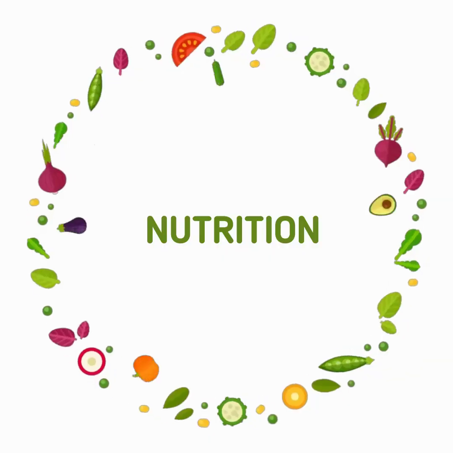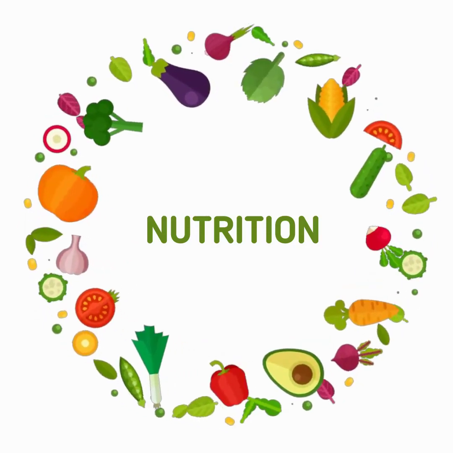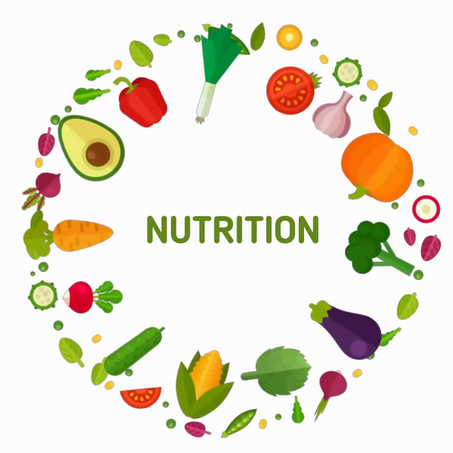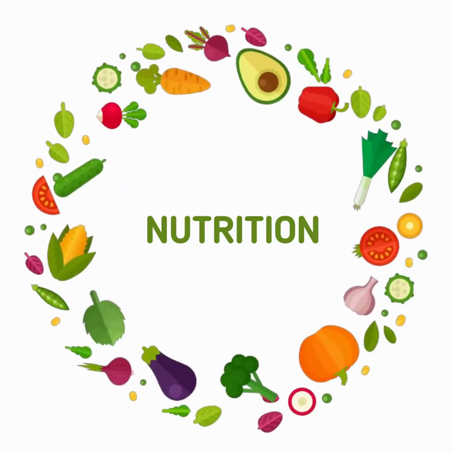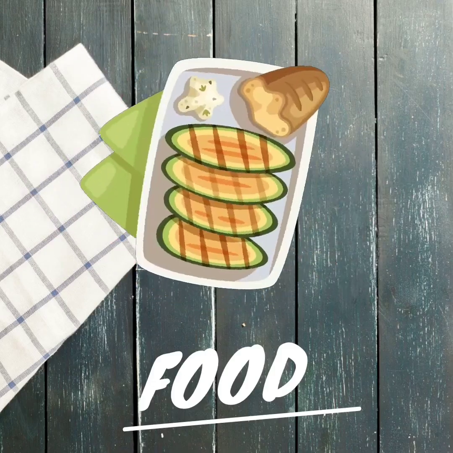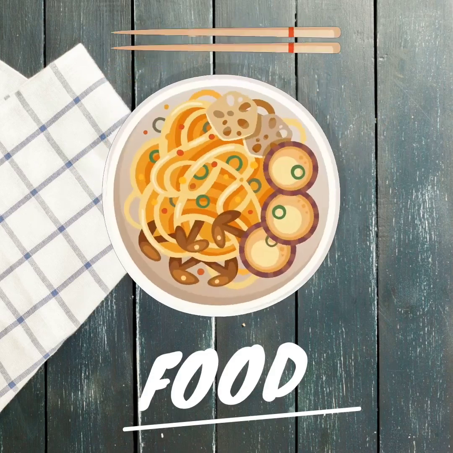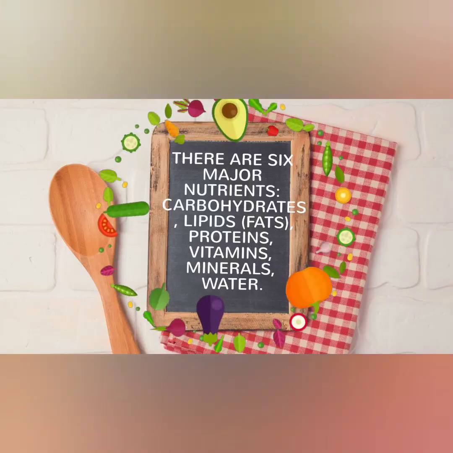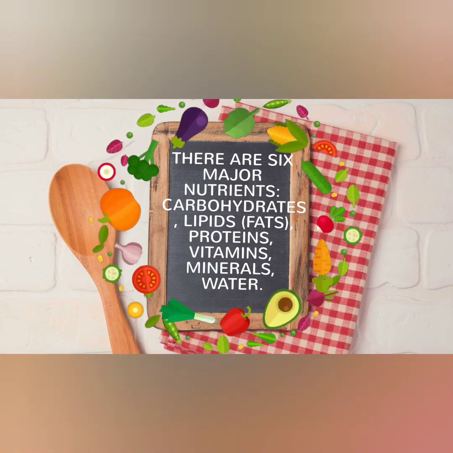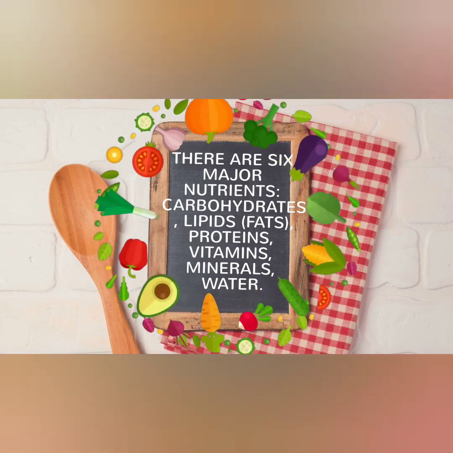Let's start with nutrition. So how is energy acquired to do all physical work? Energy is acquired from an external substance called food. The food we eat contains 6 major nutrients: carbohydrates, lipids, proteins, vitamins, minerals and water.